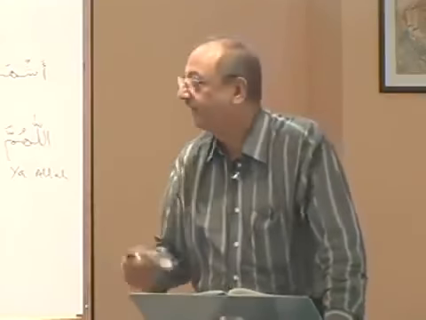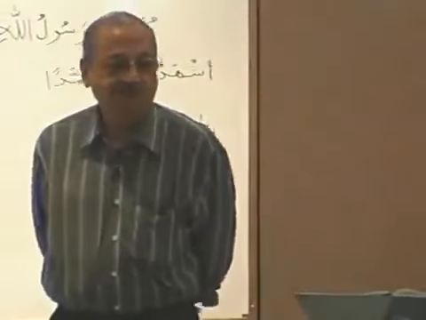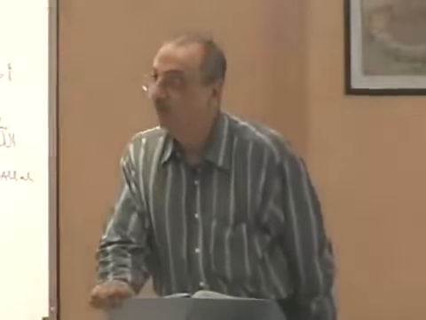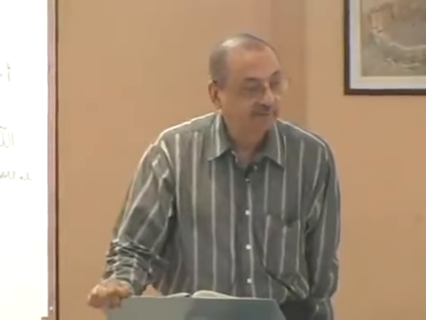See, now right away we are coming to what we were trying to say in the beginning. That noun can be marfu, can be mansub, and can be majroor. Are you with me? Sister Naima? Noun declines. It can be marfu, it can be mansub, or it can be majroor.